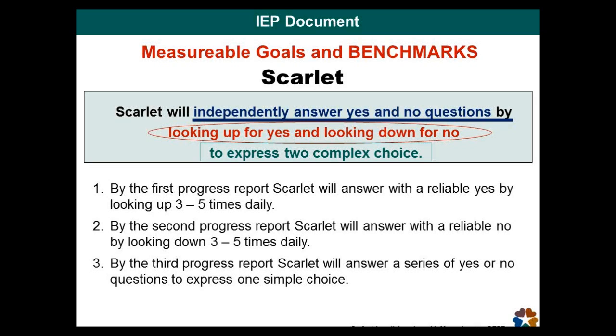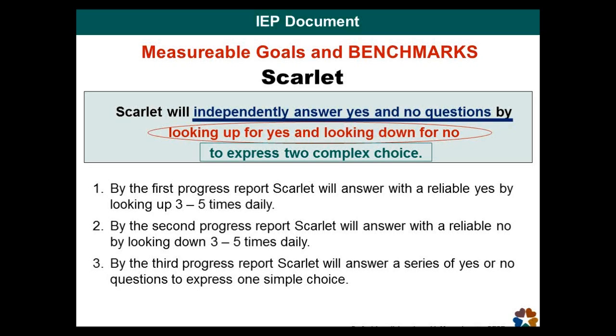So here is, I think, one more example. I think this is the last example. So this is a communication goal, okay? And in this goal, Scarlett will independently answer yes and no questions by looking up for yes and looking down for no to express two complex choices.